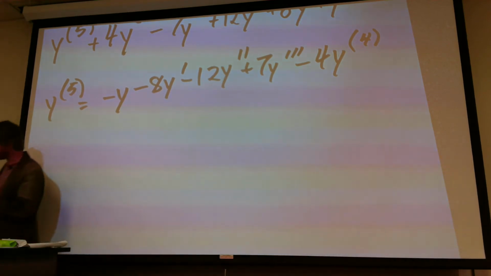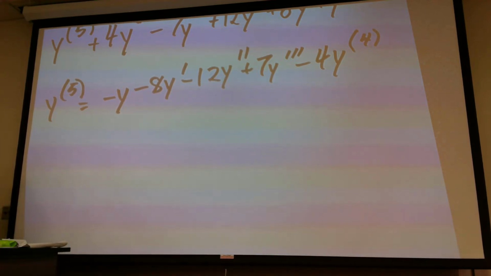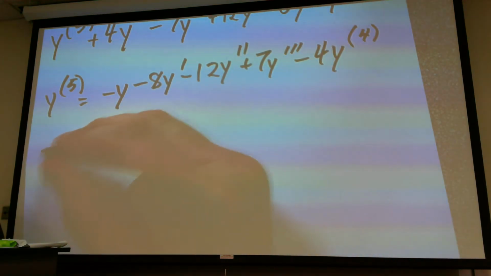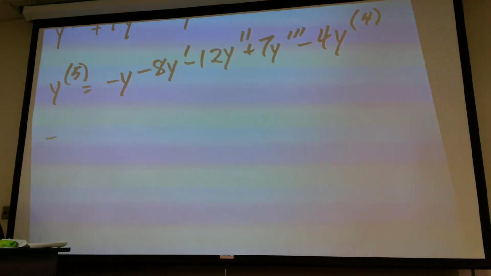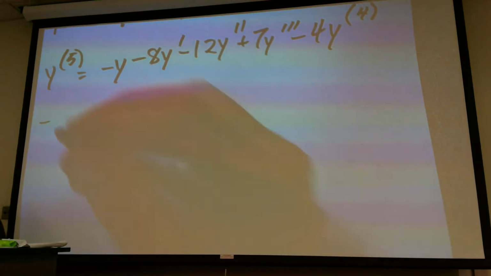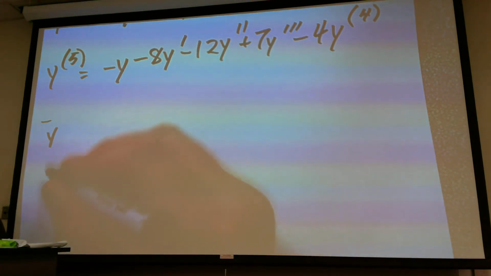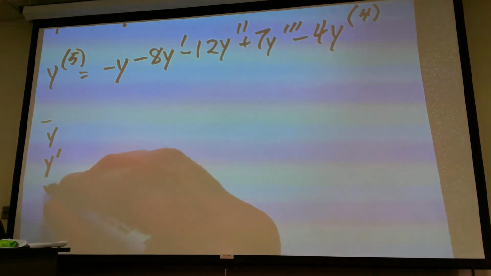So on one side of the problem, I'm going to have a prime. Let's speed this up a little bit. So y prime, y prime prime, y prime prime prime, and then y to the fourth derivative. It's going to have a prime on it.